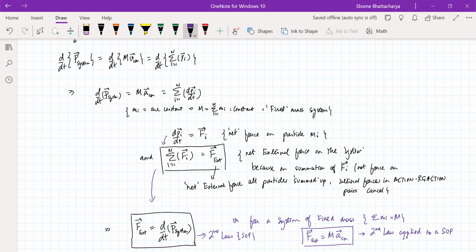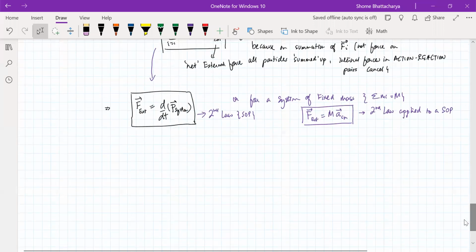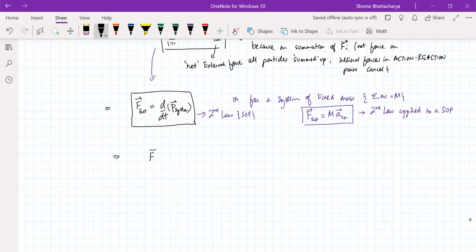Okay, so now we can see that if we just cross multiply the terms in this last equation, the net external force into a time interval dt is equal to the change in momentum during that time.